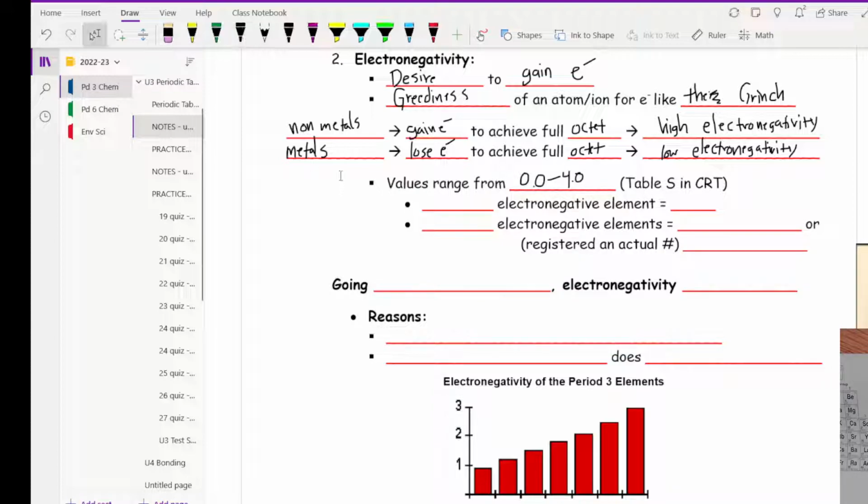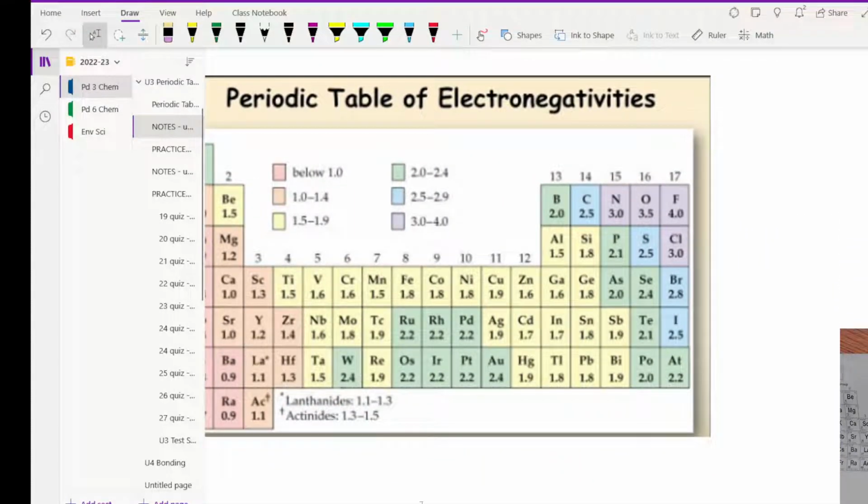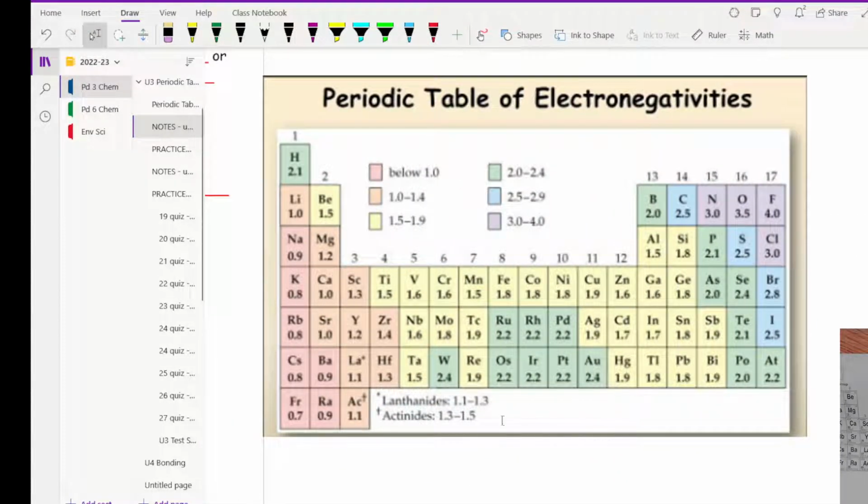To better show you this, I want to show you a chart from a website that I thought was a little bit more instructive. And you'll see it's a fairly good chart. We have our high that we just talked about, a 4.0, and our low 1.0 or below. And then we have all of these elements color-coded.